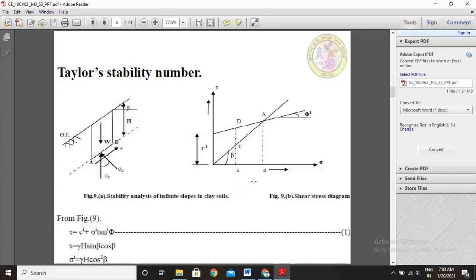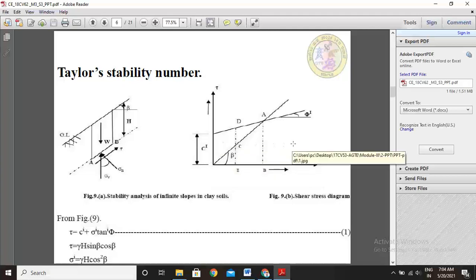The x-axis is normal stress, the y-axis is shear stress, we select a scale, and based on the phi value we locate the failure plane. This failure plane acts at angle beta. Now select this A point, B point, E point, D point. The coinciding point we consider as small c point, and this distance as c dash.